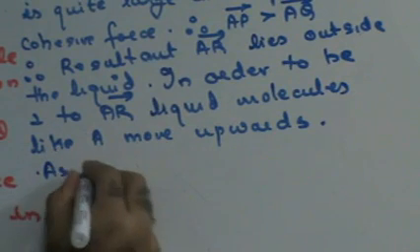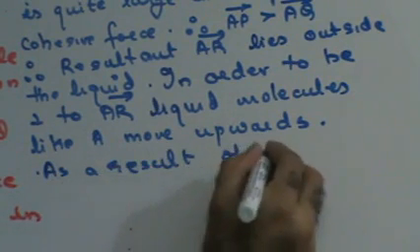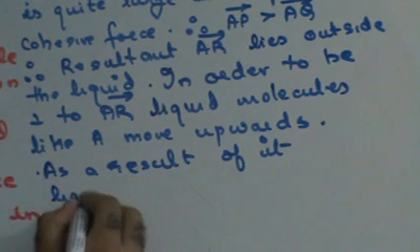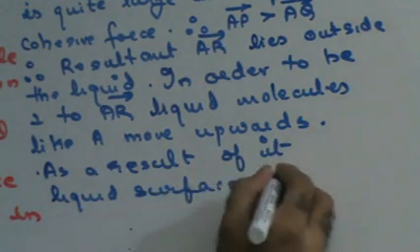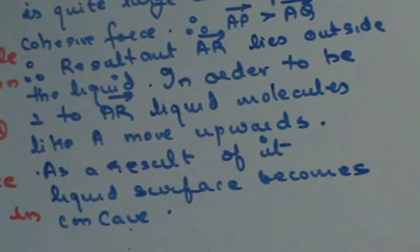As a result of this, the liquid surface becomes concave. So that is the reason why the liquid surface becomes concave, right?